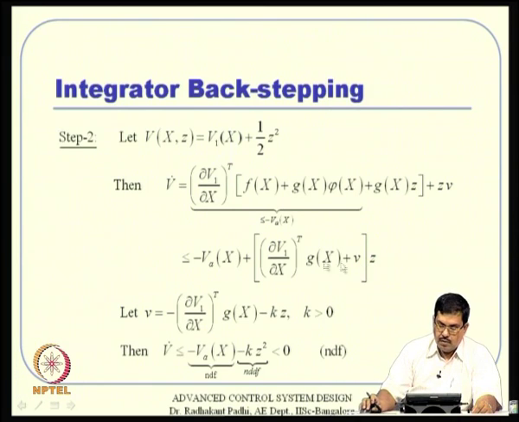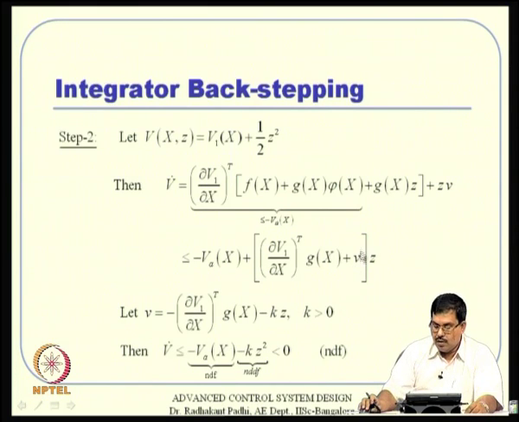Now, the question here is how do you design a v such that this entire thing is negative definite; that is the whole point. When you see something like this, the very natural idea that comes to mind is to design a v this way. I will cancel out this term, and whatever is left will generate something like a negative k times z square, where k is positive.